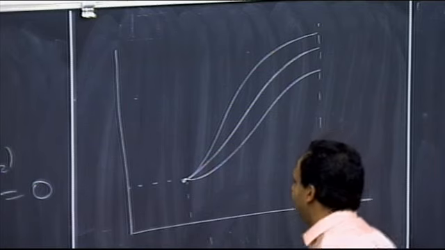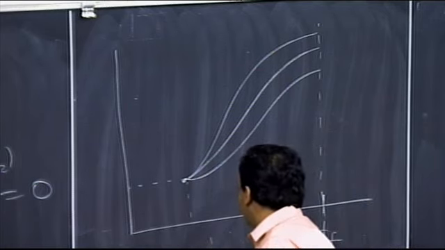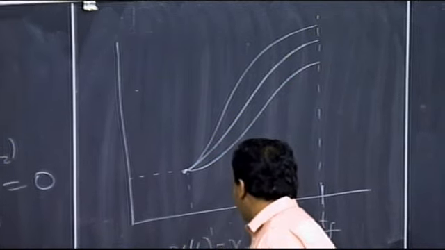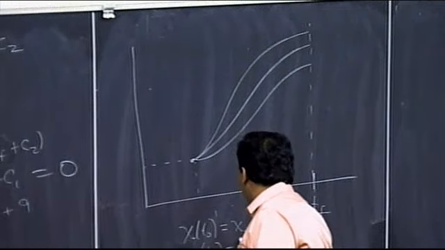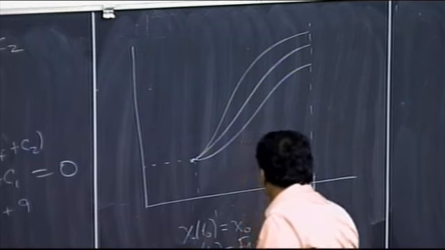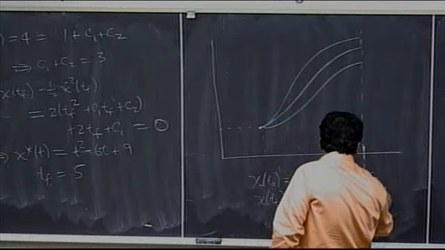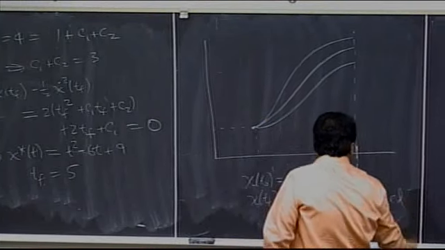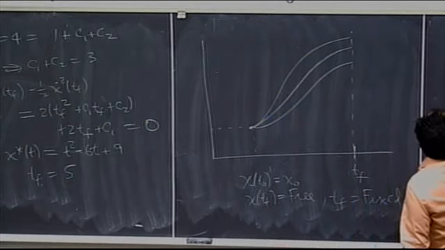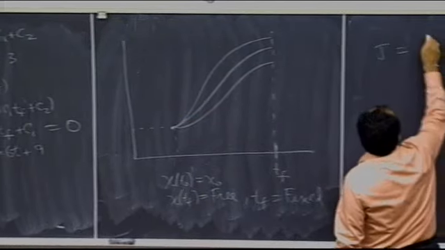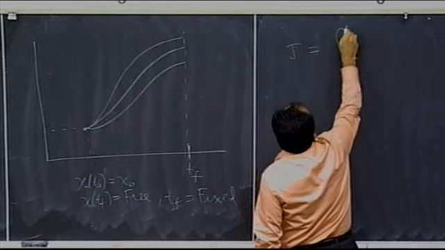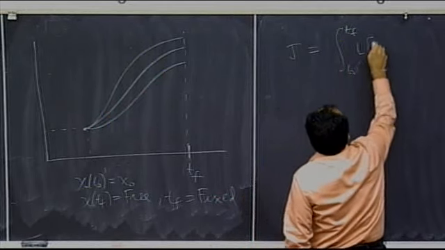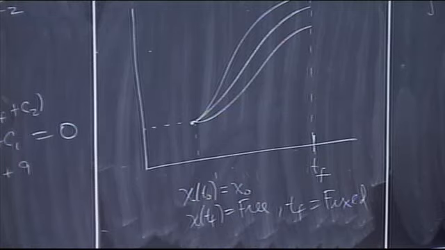So in this case, x of t0 is equal to x0, x at tf is free, but tf is fixed. And the cost functional itself is equal to the integral from t0 to tf of L of x of t, x dot of t, and t dt.